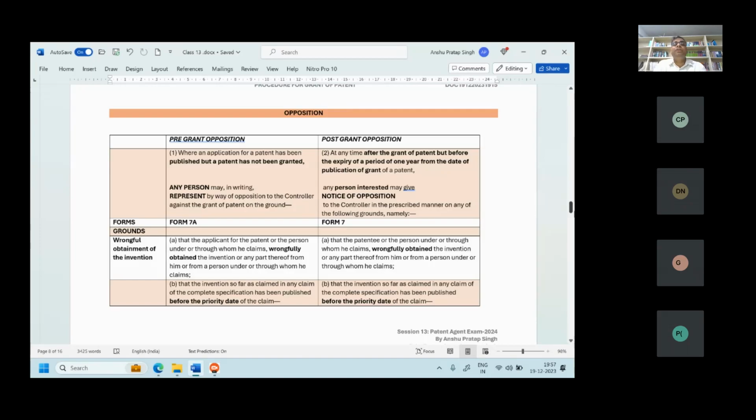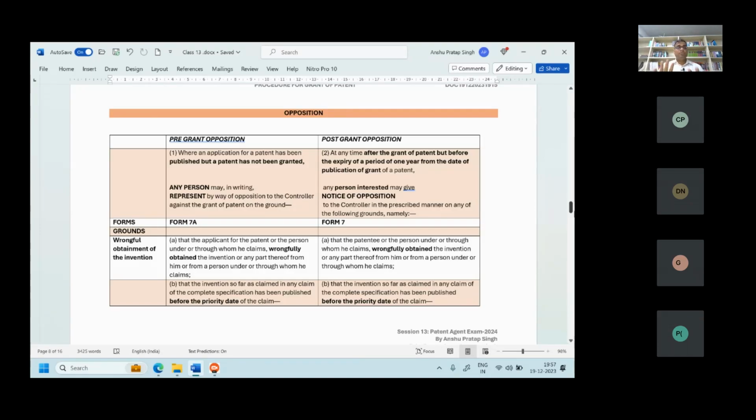While post-grant opposition, it is called notice of opposition. So when you are writing for pre-grant opposition, use the word representation, while in writing for post-grant opposition, use notice of opposition. Okay. The form which will be used is Form 7A. 7A is for pre-grant opposition and Form 7 is for post-grant opposition.